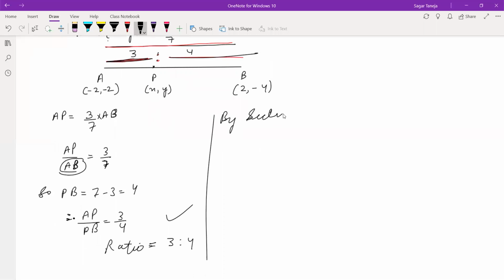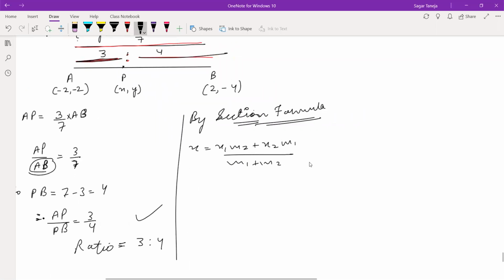Then the section formula, now again the same. X is equal to x1 m2 plus x2 m1 upon m1 plus m2.